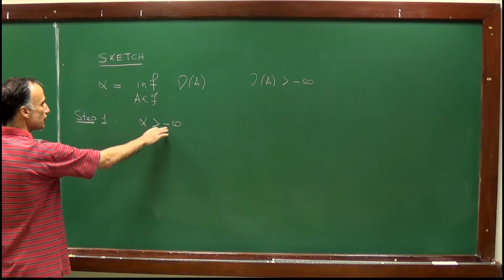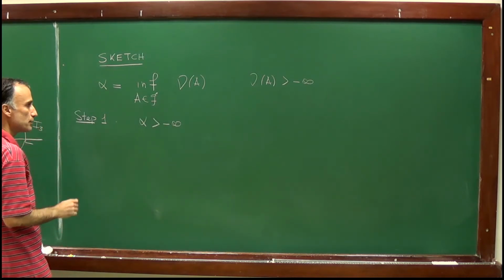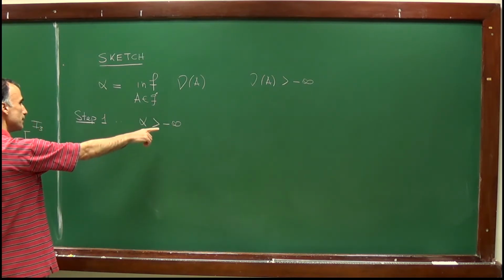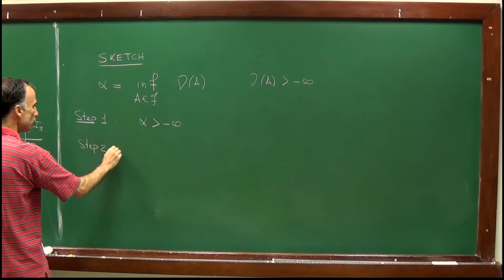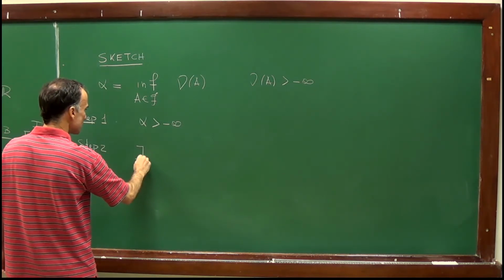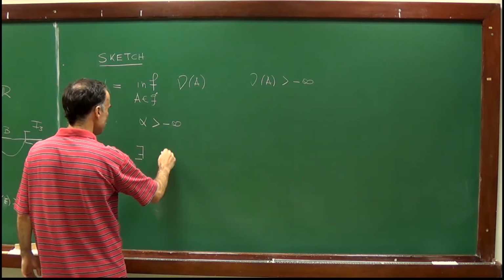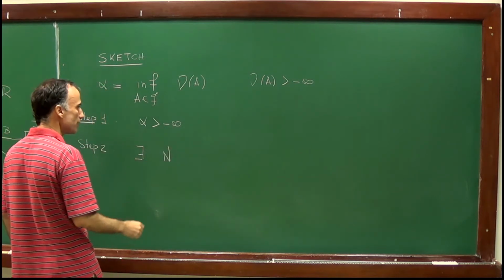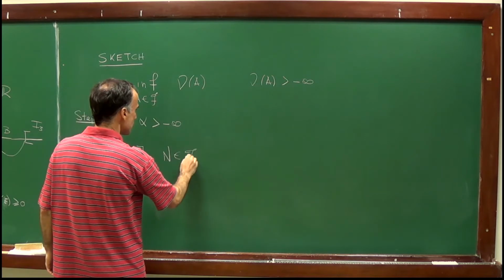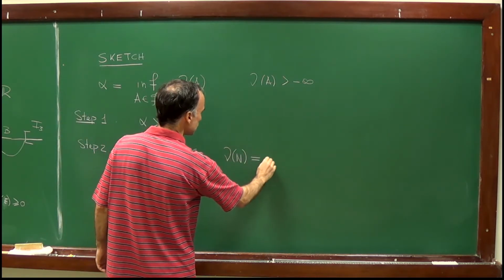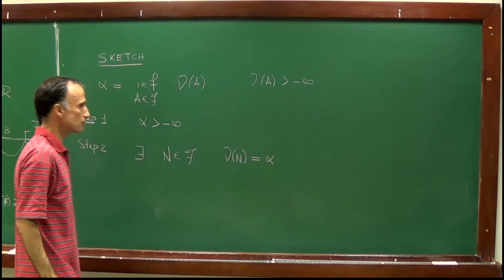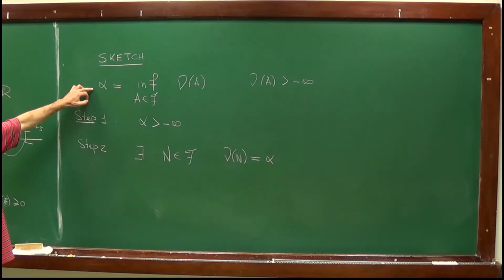Then once we show that alpha is strictly bigger than minus infinity, step 2 will be to find a set, which I will call N, such that nu of N is exactly equal to alpha, which is the infimum.